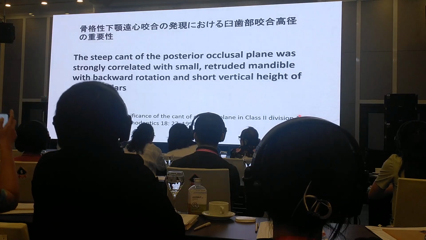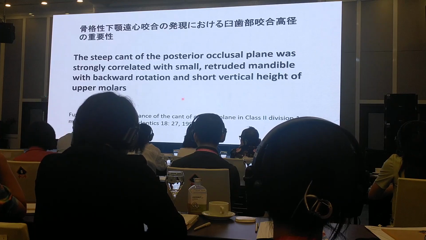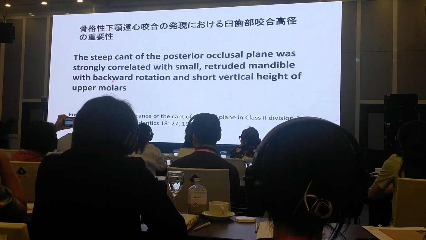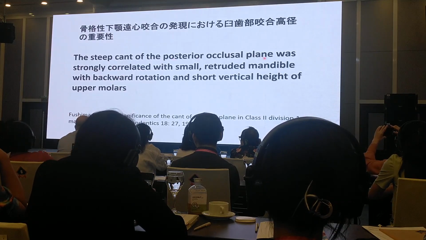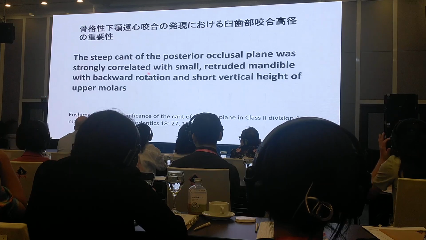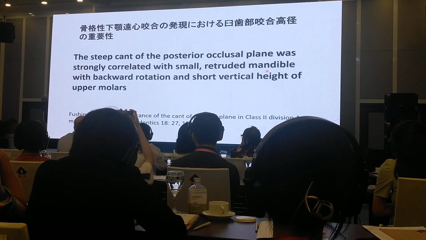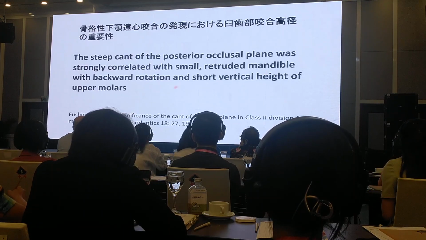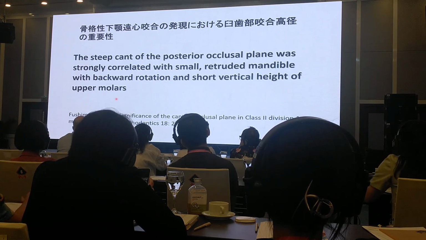Well, 25 years ago, in 1996, we published a very important paper. The steep posterior occlusal plane was strongly correlated with a small, retruded mandible with a backward rotation of the mandible and a short vertical height of the upper molar.